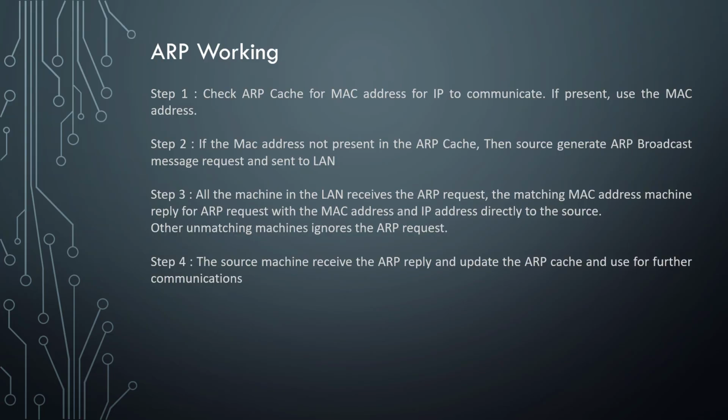Then the source device gets the ARP response and populates its ARP cache with the MAC address for that IP address. Then the source device sends the packet to the destination device with the obtained MAC address. So this is how ARP works behind the scenes in all network communications.